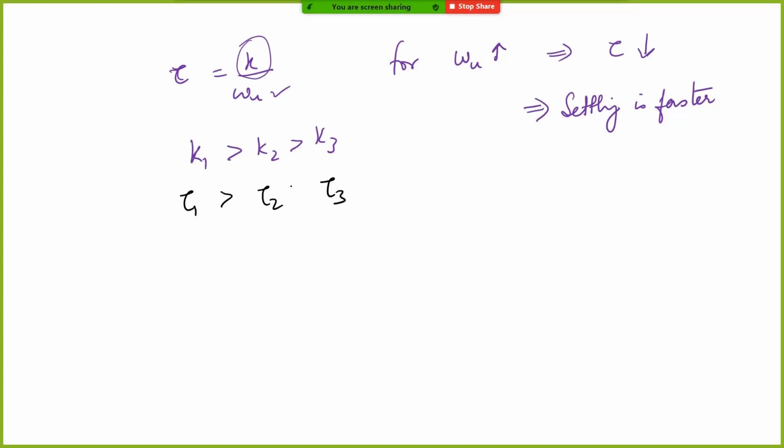Tau 1 will be greater than tau 2, which will be greater than tau 3. So obviously, in terms of settling time, this will be the slowest, and this will be the fastest.